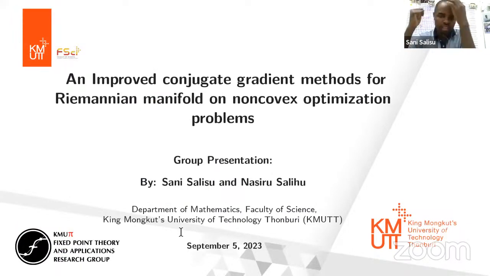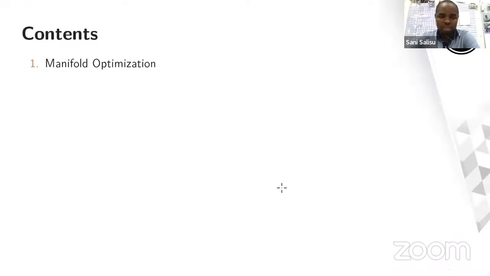I am Sani Salisu, and my colleague here with me is Nasiru Salihu. Today we will be discussing an improved conjugate gradient method for Riemannian manifold on non-convex optimization problems. I will take the first part of the presentation, and then my colleague will continue from where I stop.